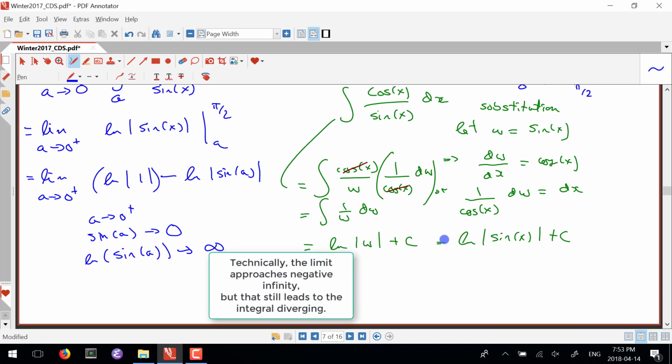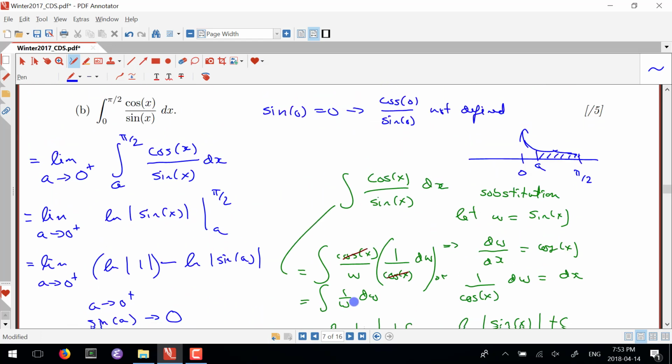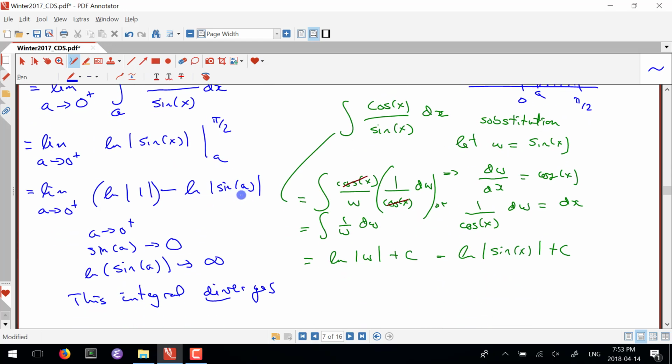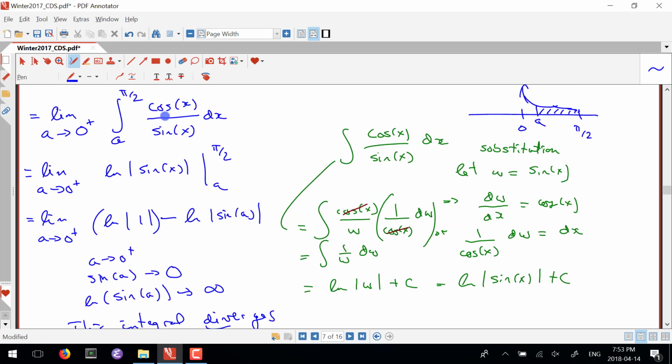And so what that gives us here is that the integral, in this case here, diverges. It doesn't go down to some finite value as we push this a value towards the problematic point at x equals 0. We get a limit that's undefined. And those are two examples of how we can carefully evaluate improper integrals.